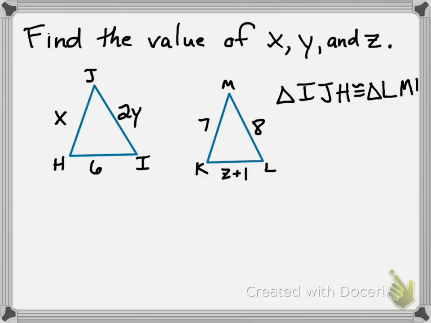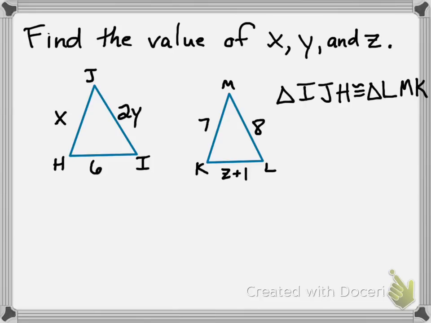And then we have a congruent statement. So first I have triangle IJH, and over here I have triangle LMK, and this says that these two triangles are congruent. So you need to use that knowledge of which sides are congruent to solve for the missing sides. So find X, Y, and Z, and then we'll look at them together.